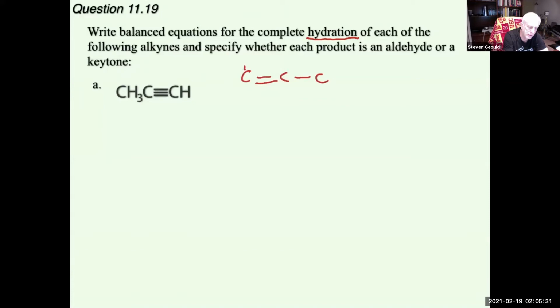This is CH3, C, triple bond, CH. There's our compound.